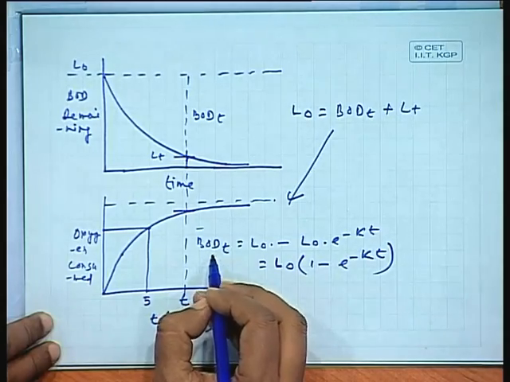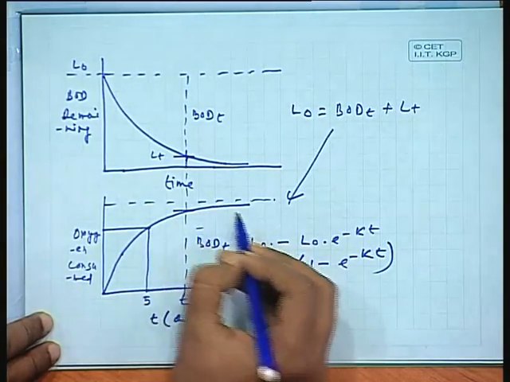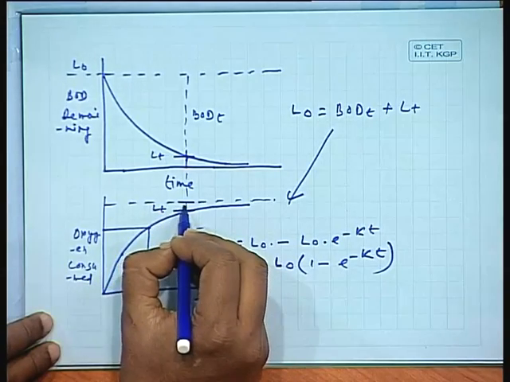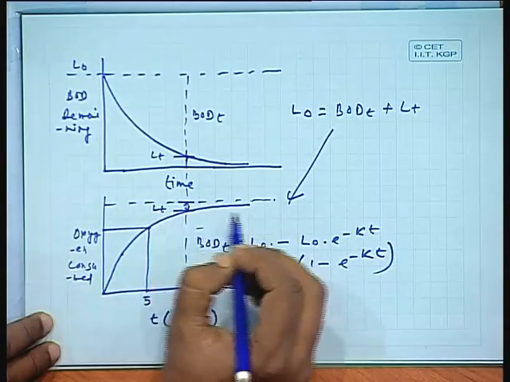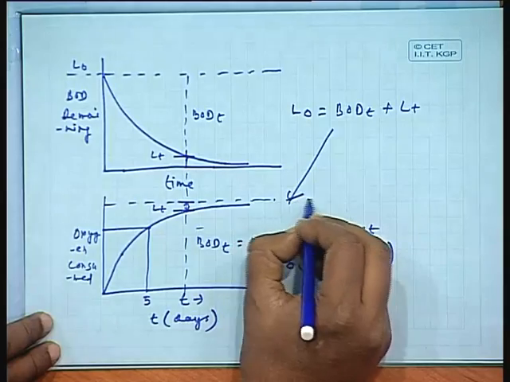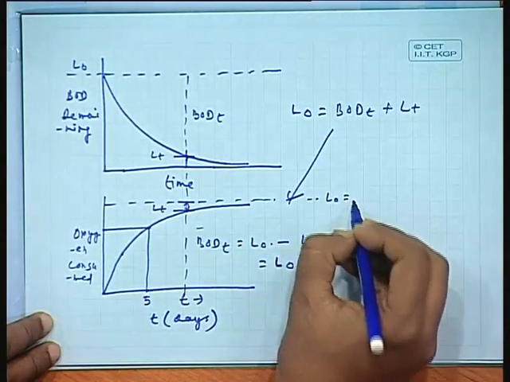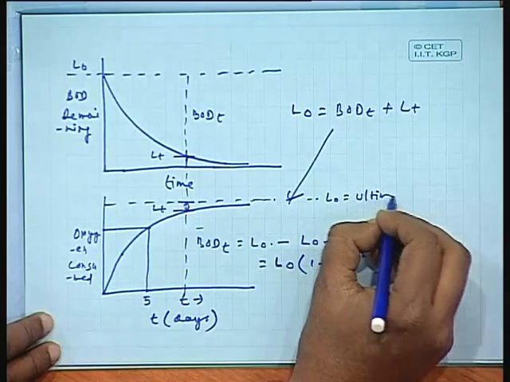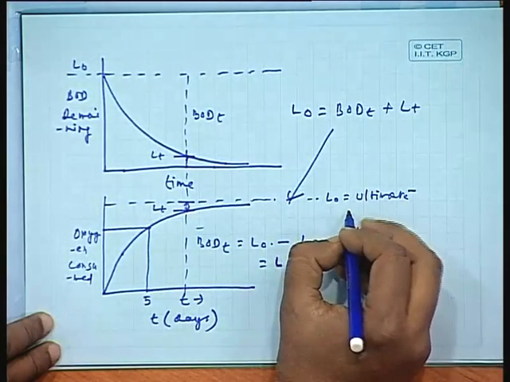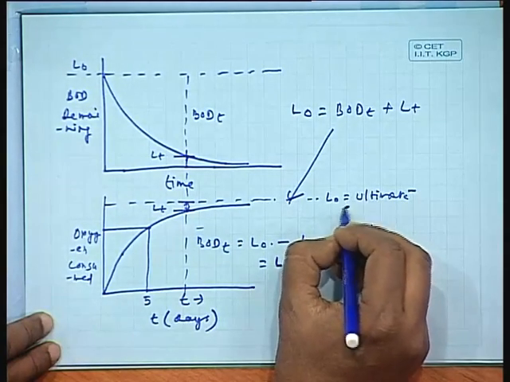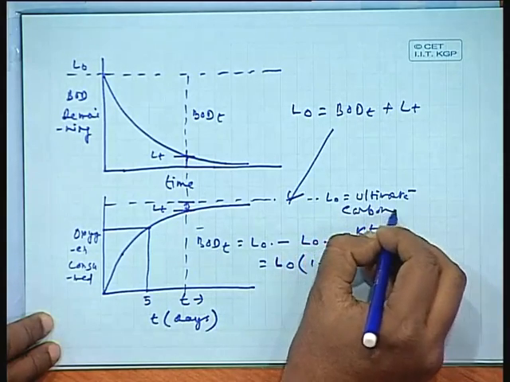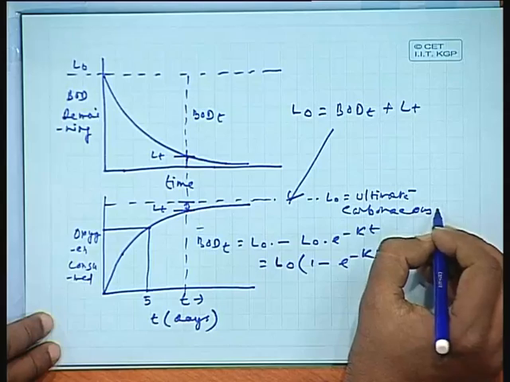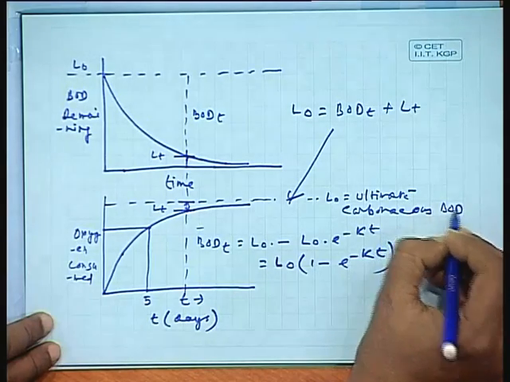So, you can see this is BODT, this is LT, and this is L0, the ultimate carbonaceous BOD.